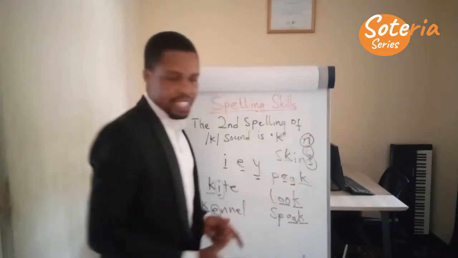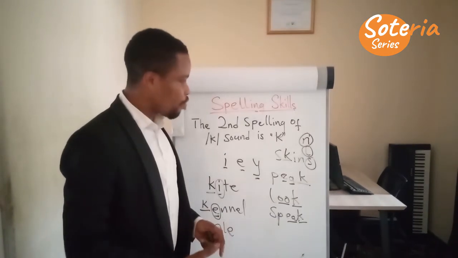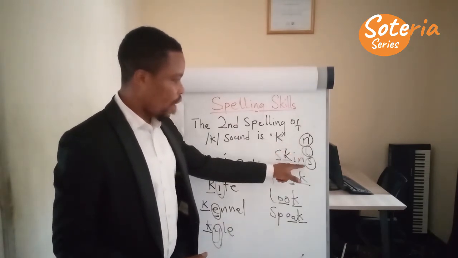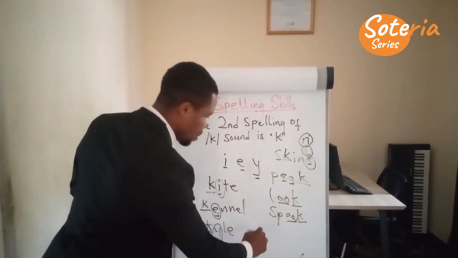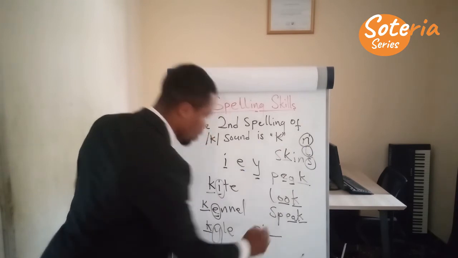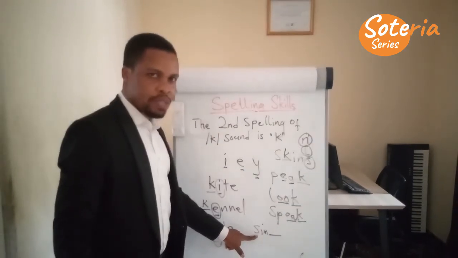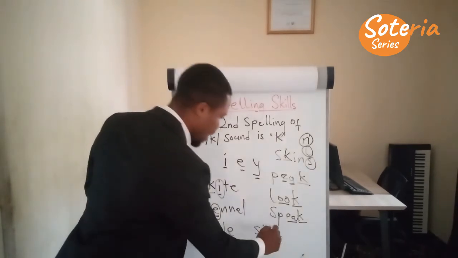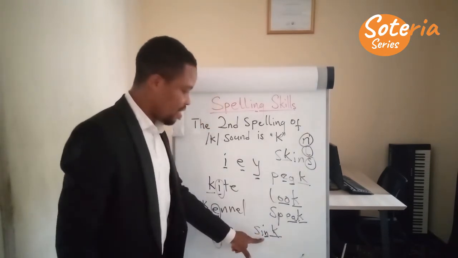At the end of single-syllable words, when the sound follows consonant N, L, or S, we also spell with K. For example, with the word sink, don't spell with C, don't spell with CH, don't spell with CK. No, we spell with K because of this consonant N.